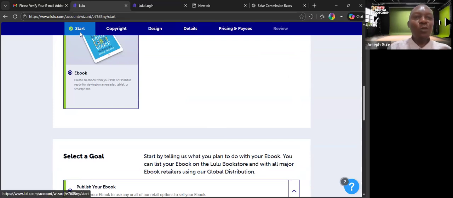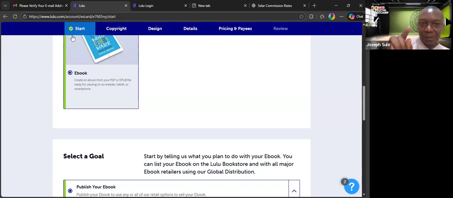And the moment we have entered every information that Lulu requires correctly at that level, I will get a tick here on a lemon green background. But if I don't get that tick, or I see a semicircle not complete, then it means there is an information I have not entered, or one that I have entered wrongly.